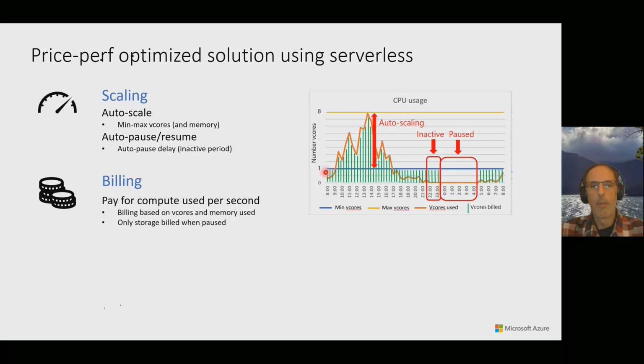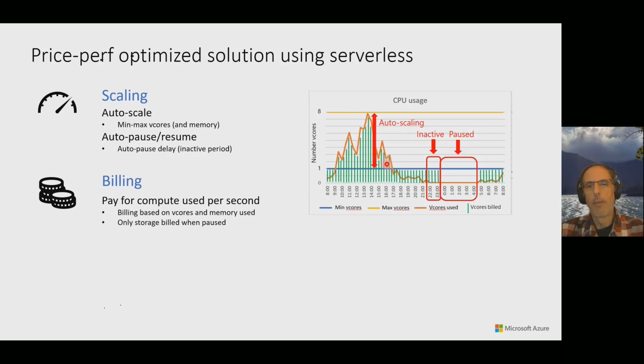So in this chart on the right, we have an example of a serverless database that's configured with a min of 1 core, a max of 8 cores, and it's showing its usage in compute over a 24-hour period by this orange jagged line. And while that usage is between the min and max vCores, it's being billed precisely for that usage.